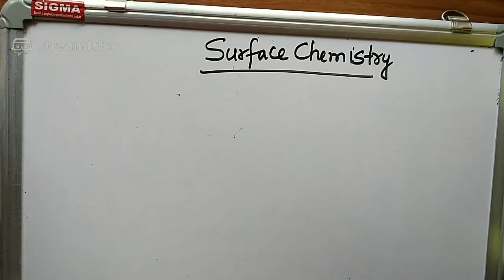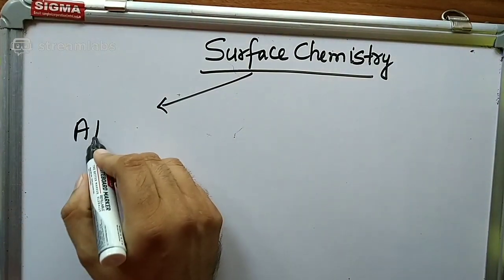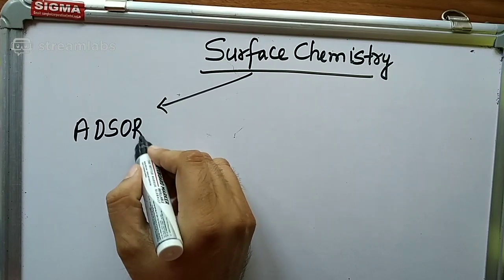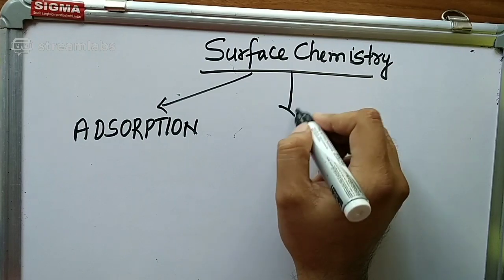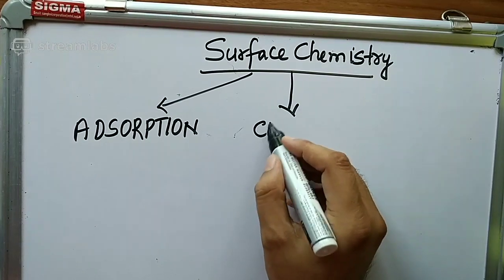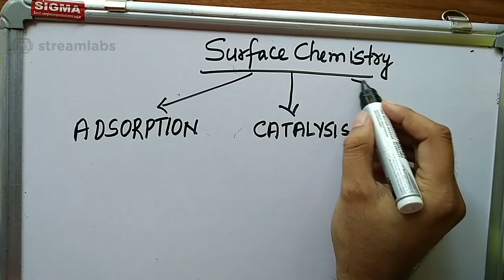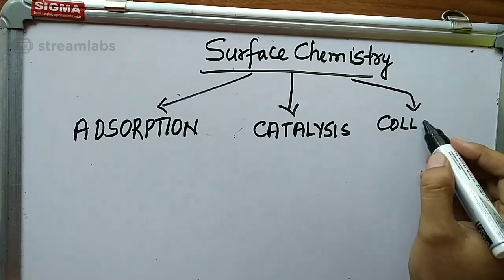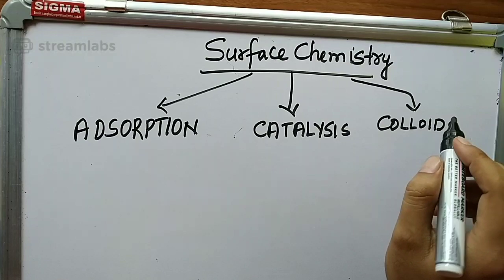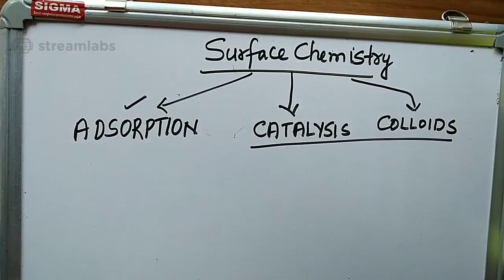It is divided into 3 parts. The first part that we are going to study is adsorption. The second part is catalysis. And the third part is about colloidal systems, colloids. First we shall study about adsorption, then later we shall study about catalysis and colloids.